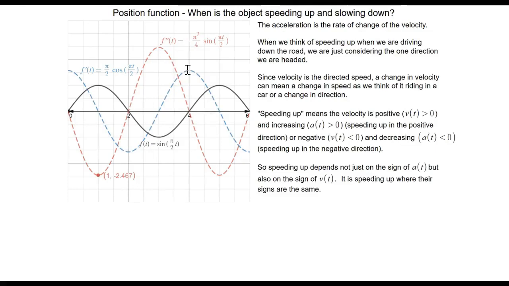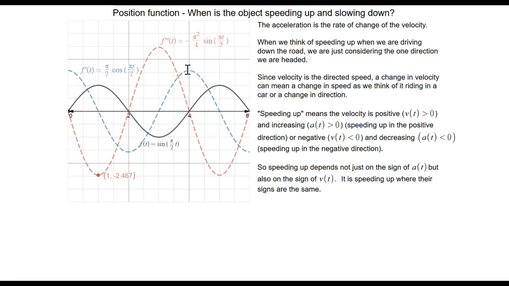So this slide is answering the question, when is the object speeding up and slowing down? Remember, since the velocity is a directed value, the term speeding up or slowing down has a little bit different meaning than what we often think of. If you're just going in one direction in the car and you hit the accelerator, you're speeding up because your velocity is increasing in that direction.